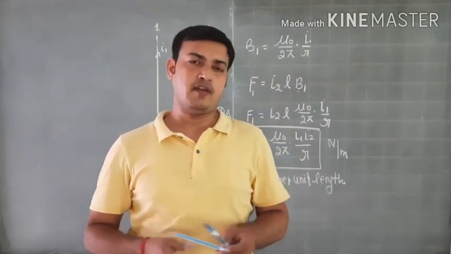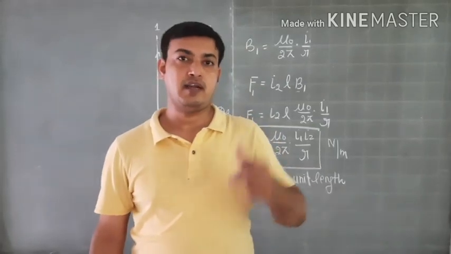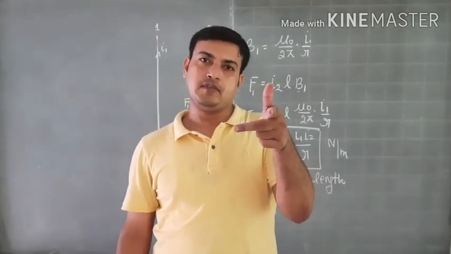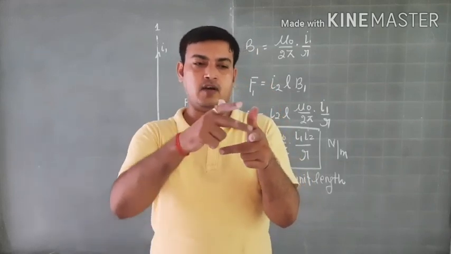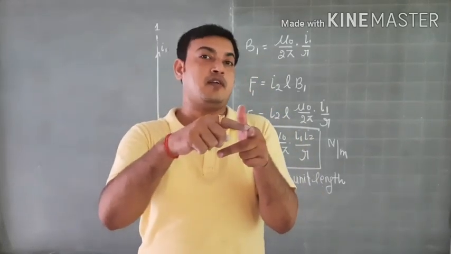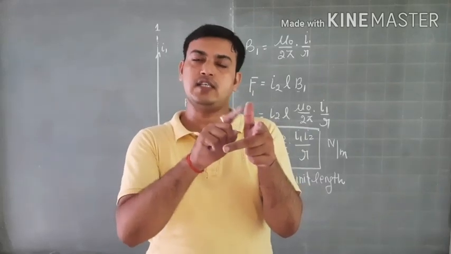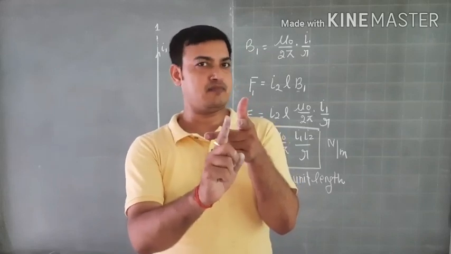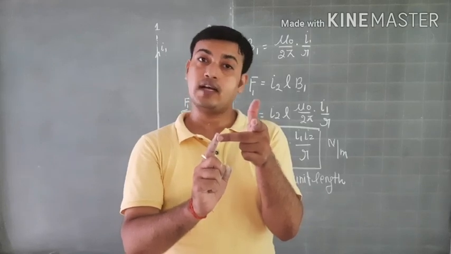It can also be calculated by Fleming's left hand rule, and you know that Fleming's left hand rule says that you have to make an arrangement like this. This is thumb, forefinger and the middle finger. All these three are perpendicular to each other. This is the direction of magnetic field, this is the direction of current, and in that case the thumb will give you the direction of force. So I will put my forefinger in the direction of magnetic field and the middle finger in the direction of current.